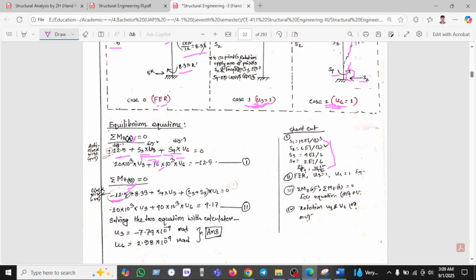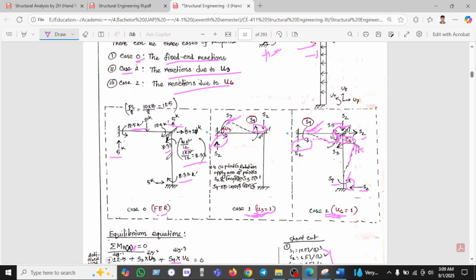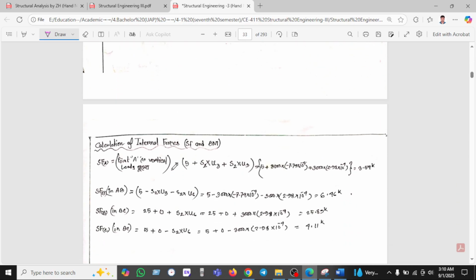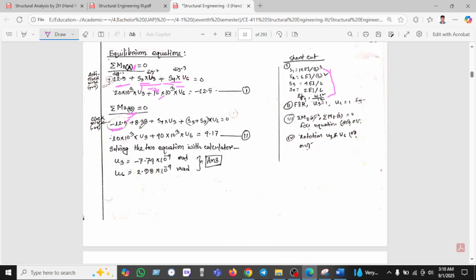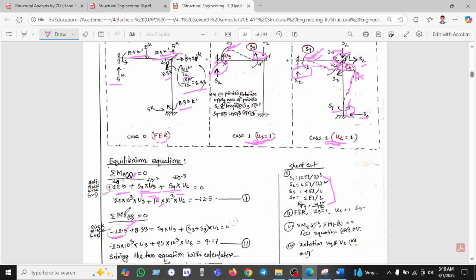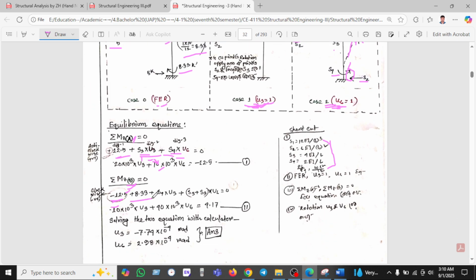So taking first moment is 12.5. This is the moment shown, 12.5. As anti-clockwise, it is minus 8.33.